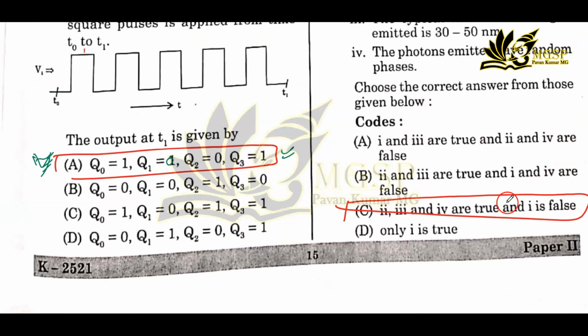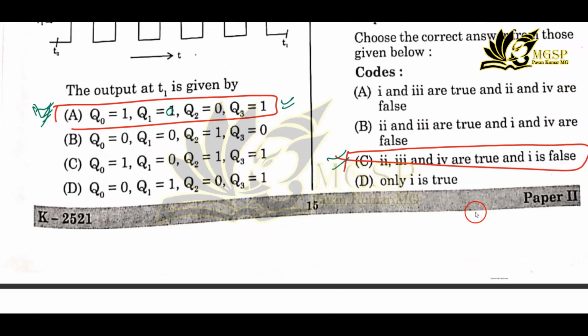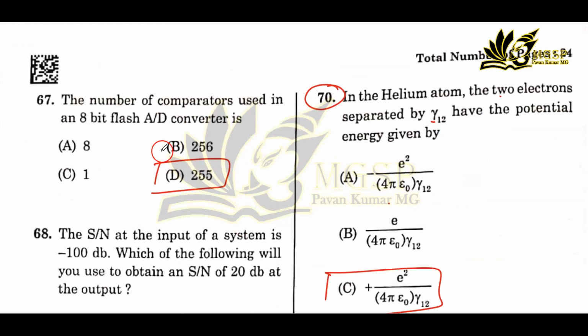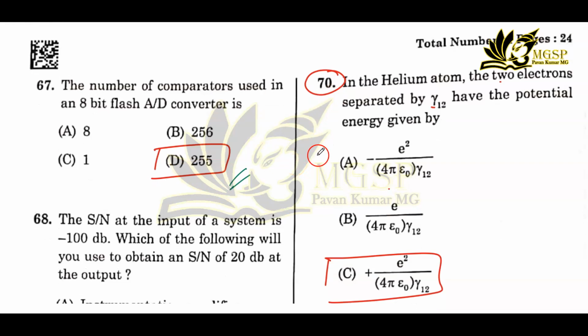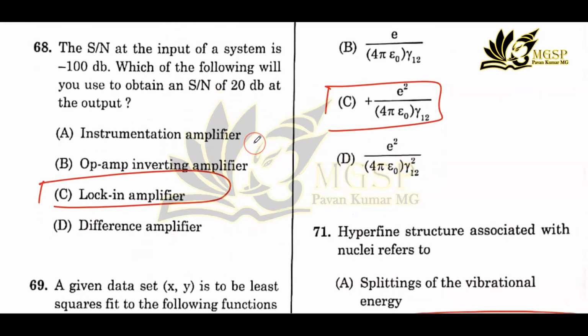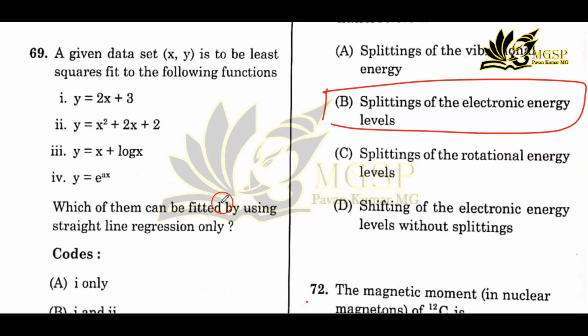Next, coming to this, this was true. Next, I have told how to find the number of comparators required. Next, coming to the lock-in amplifier. So the signal by notch trace you obtain, if it is this case. I've given the notes regarding the lock-in amplifier.